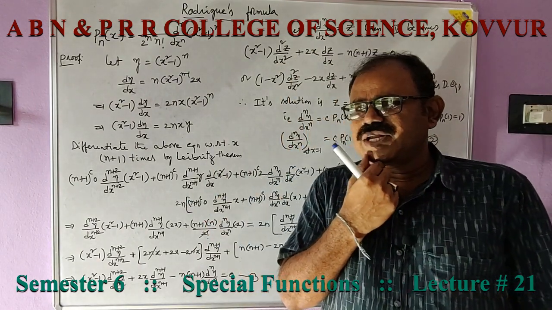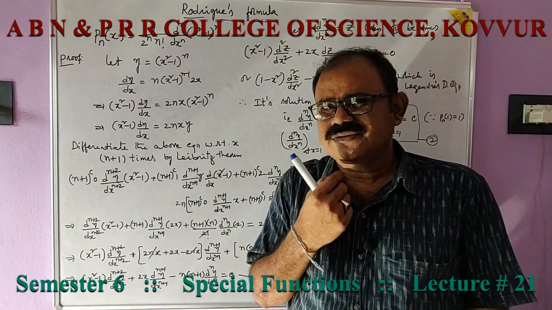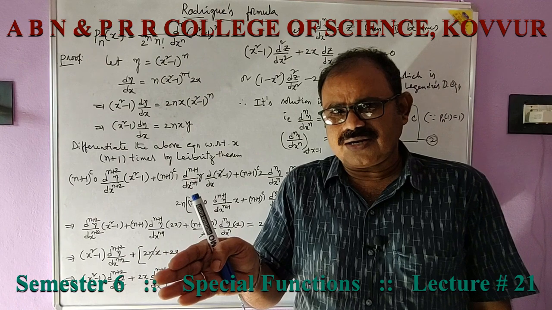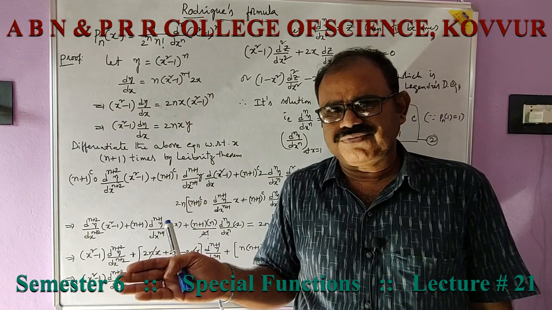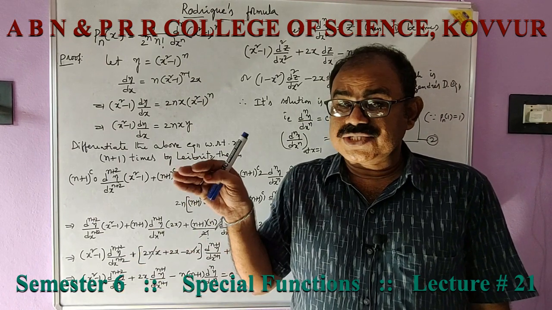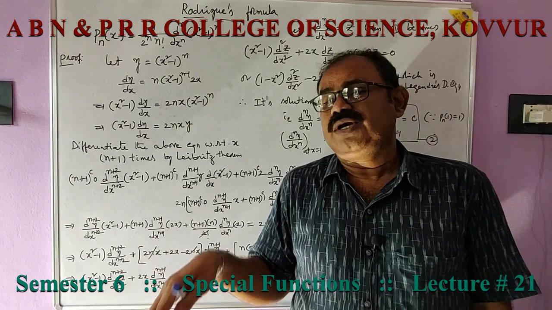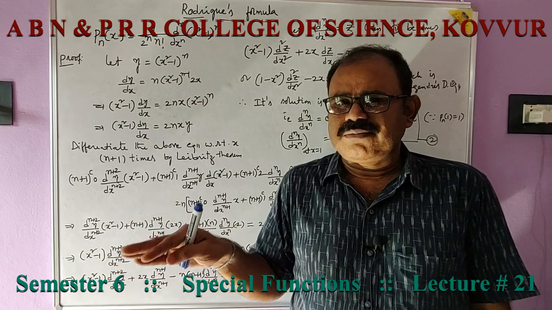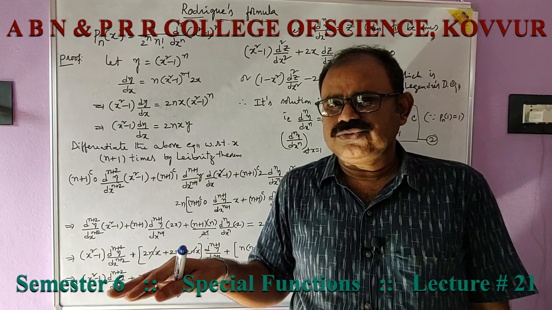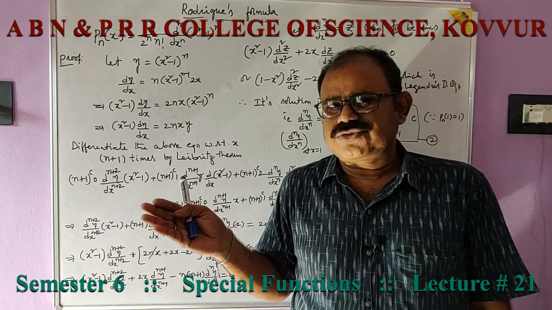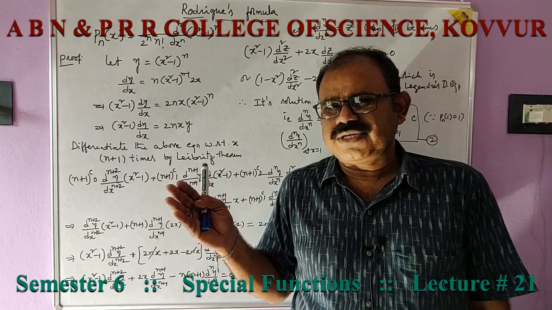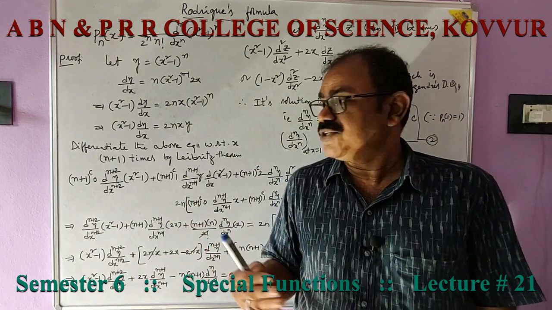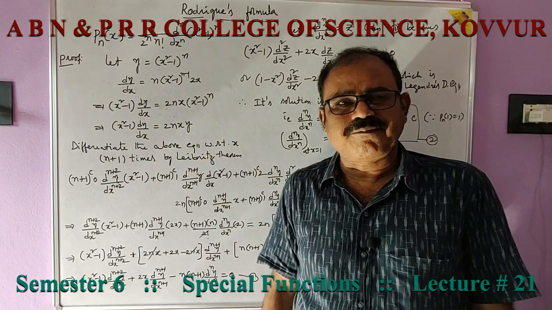First we apply the nth derivative for u, no derivative for v; n minus 1th derivative for u, first derivative for v; n minus 2th derivative for u, second derivative, that is d square by dx square of v. Likewise, I have already explained this Leibniz theorem.